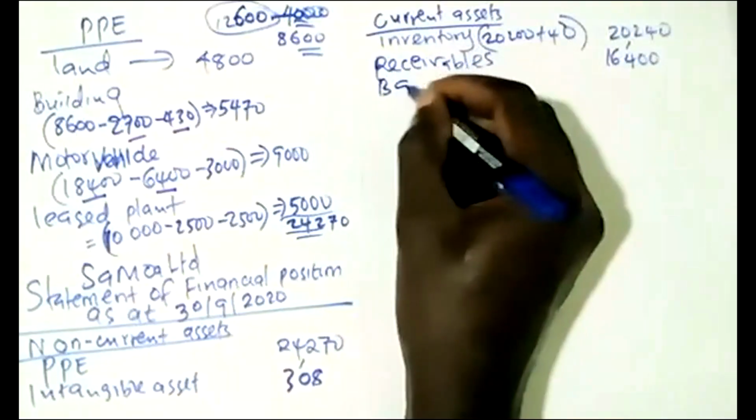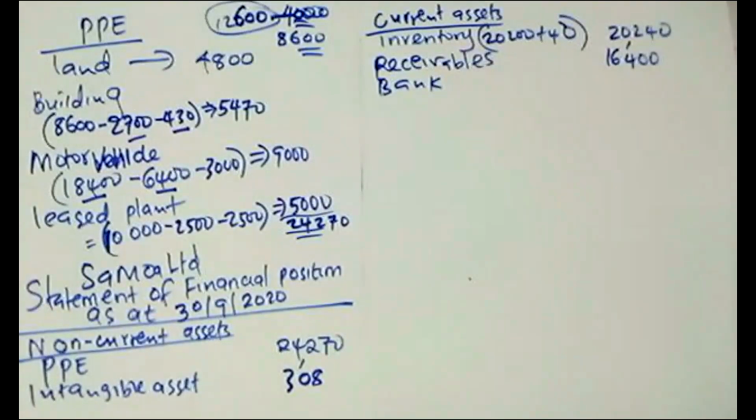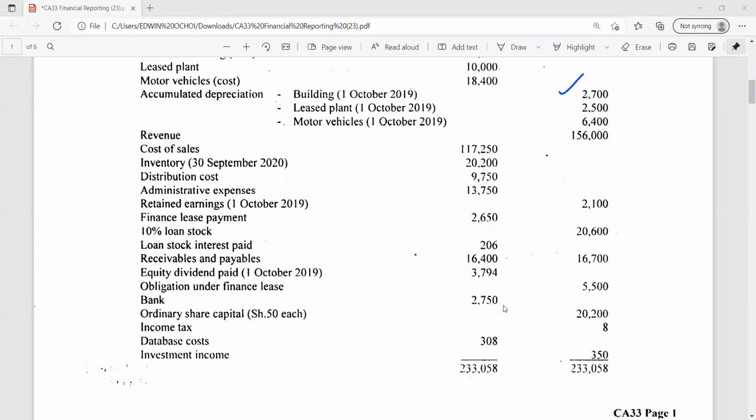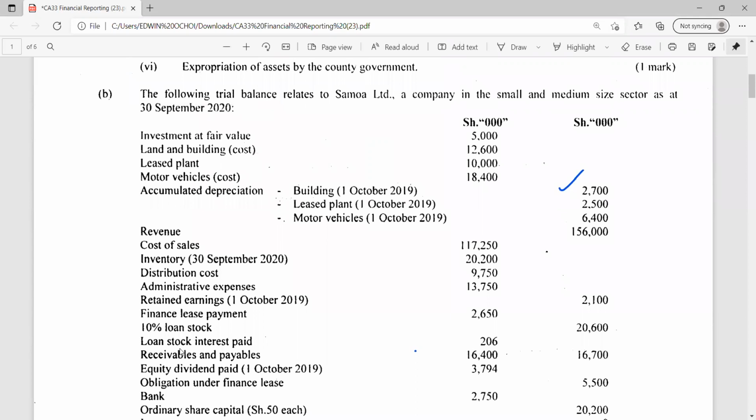There was some bank. So the bank balance in the trial balance is 2,750. Any asset which is remaining, you can see there. There was a first item there which I never recorded. Investment at fair value.